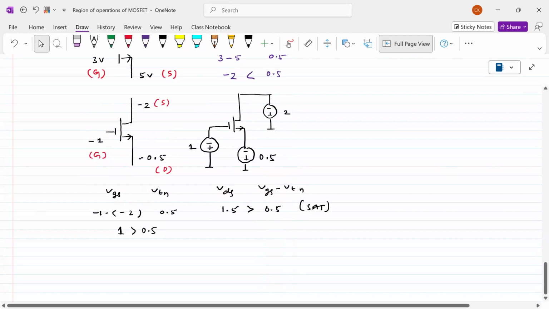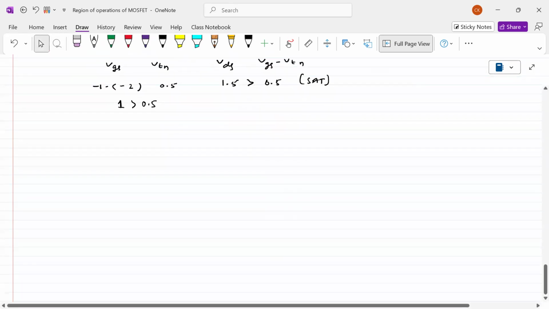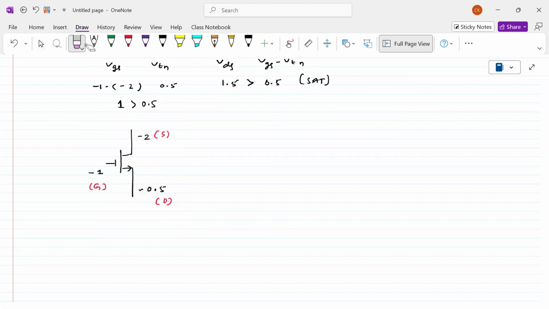For example, if I give something like this, copy and then paste here. If I say this is at 0 potential, for example. Again, I have not given anything here.